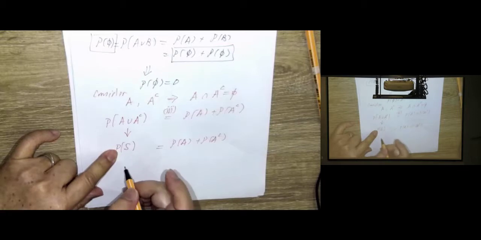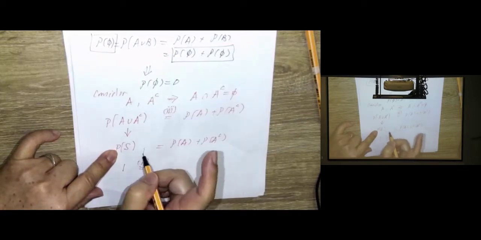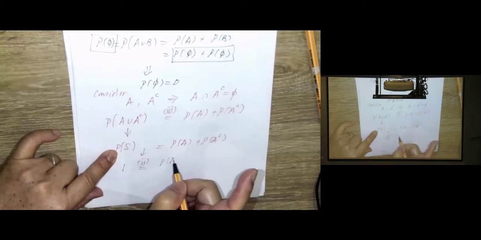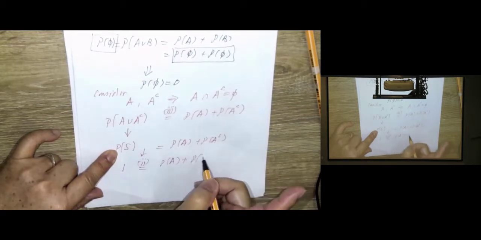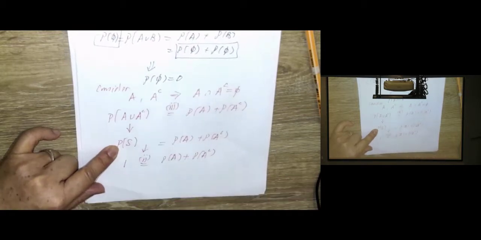And now our axiom 2 says that this is equal to 1. Okay, and so rearranging the terms, you will get proposition 3. So proposition 3 is a direct consequence of axiom 2 and axiom 3.